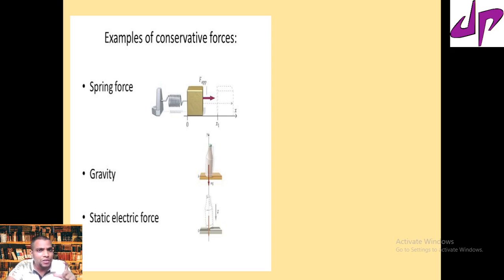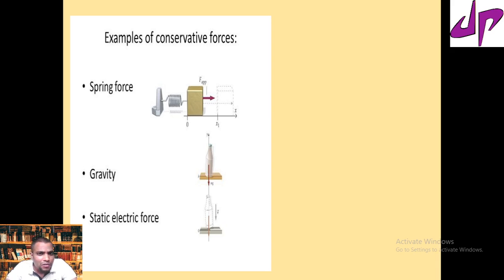Again, I am repeating, if the force is conservative, what is the advantage here? If the force is conservative, then we can talk about potential energy. When we can talk about potential energy, there is an interchange between energy and work.